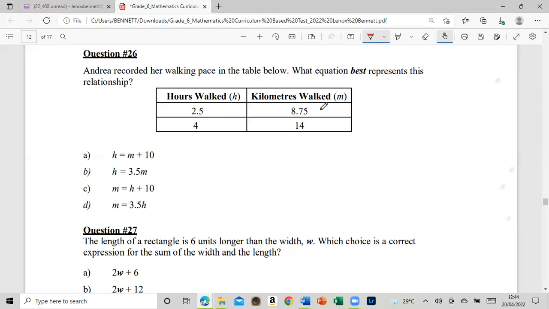It's supposed to be 2.5 to that. So 3.5, yeah, this is this.